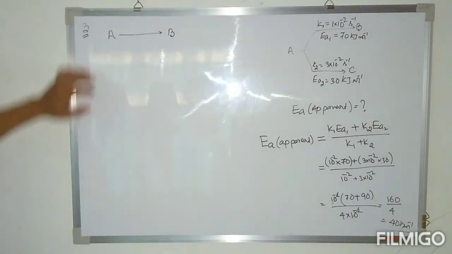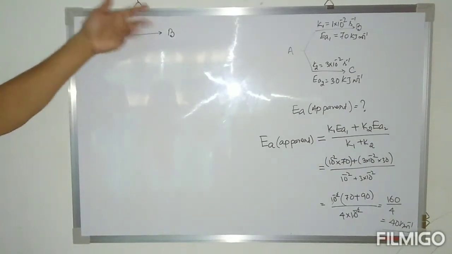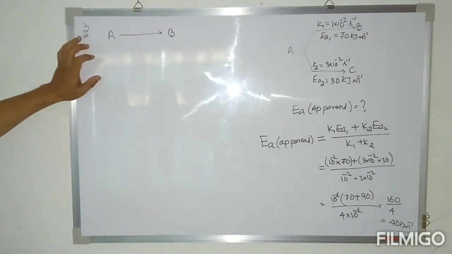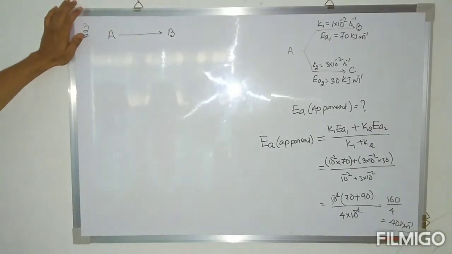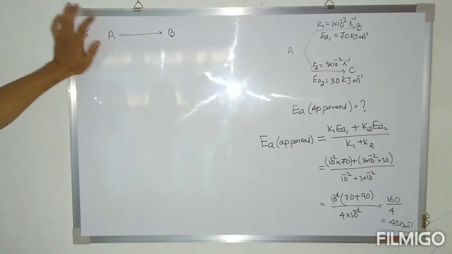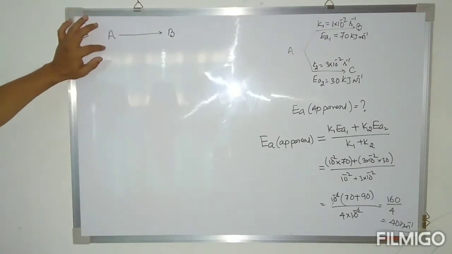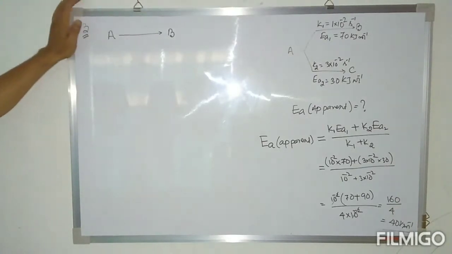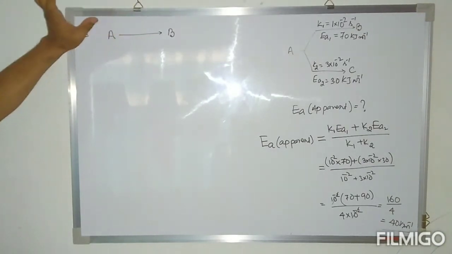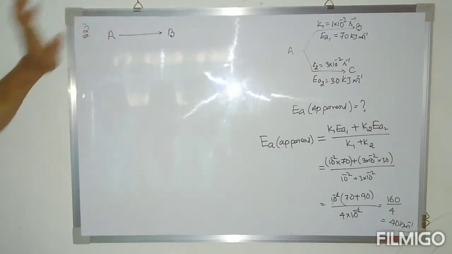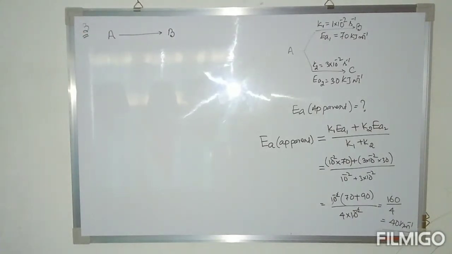The temperature is changing from, suppose, 300 to 310 Kelvin. So we are changing the temperature by 10 units. On increasing the temperature by 10 units, the rate of reaction is just doubled. Then the question says, what is the activation energy of the reaction?